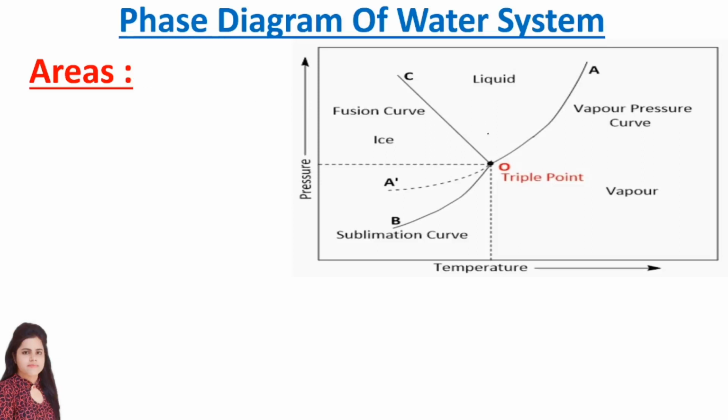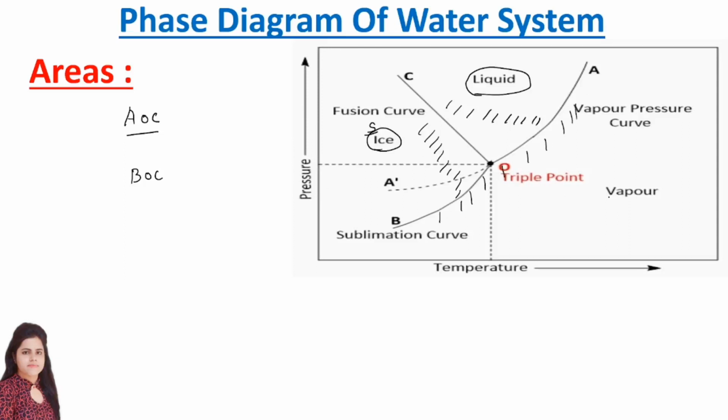Then the areas. Suppose I am talking about area AOC. This area shows only the liquid state. Area BOC shows only ice, meaning the solid state. Area AOB shows the vapor state, meaning the gaseous state.